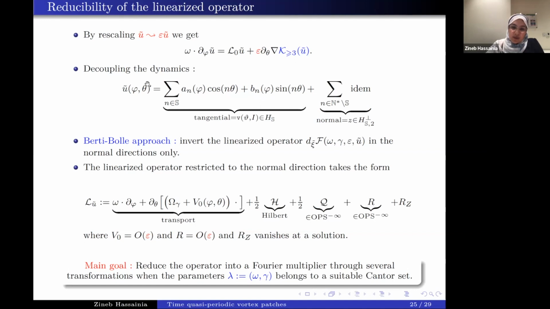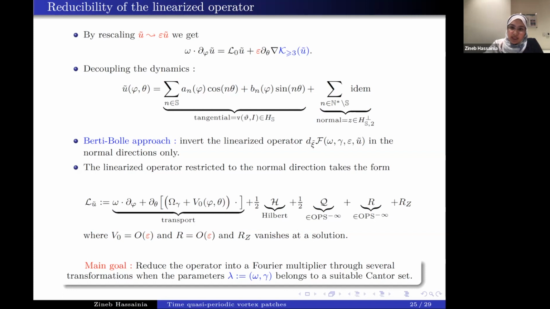And then the solution will be mainly supported on a finite number of sites, which gives the main part of the oscillation. This part can be written in action-angle variables, and we have the remaining modes, which we put in the normal variable z.